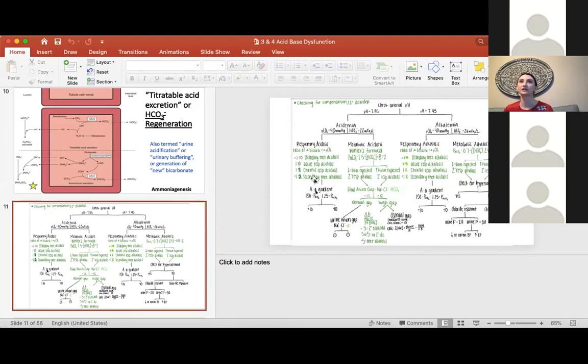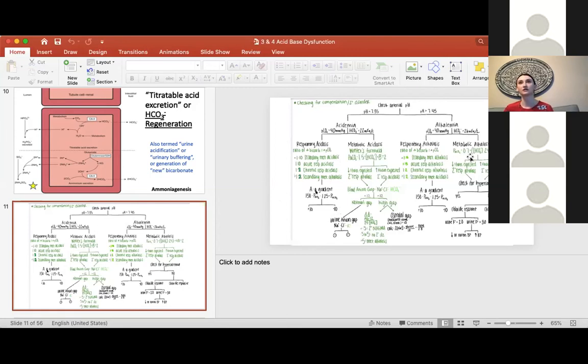If it's a respiratory acidosis, you're going to want to know the ratio of the difference of the bicarb to normal bicarb, and look at the AA gradient. So don't worry, this is just getting you ready. We'll go more into it.